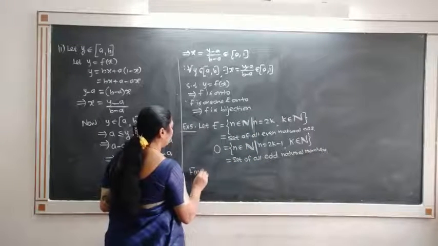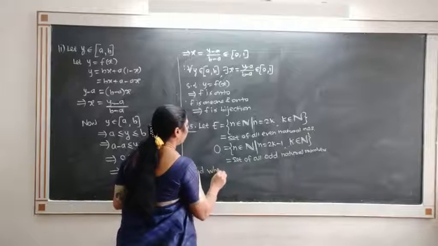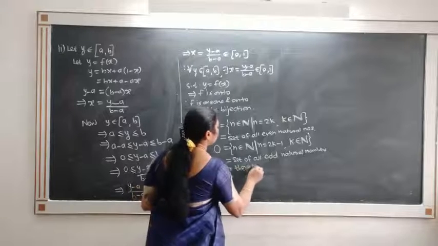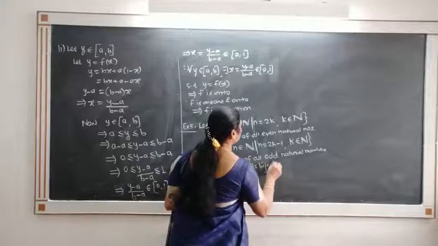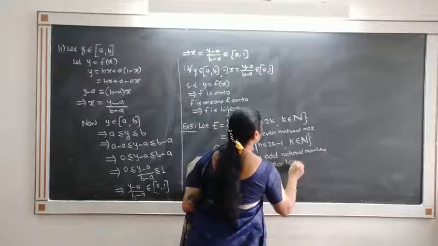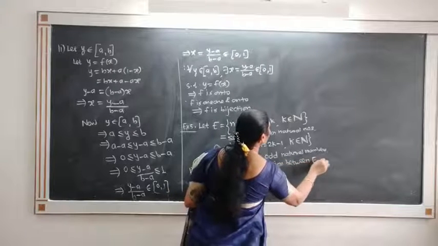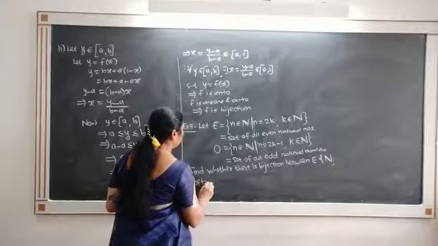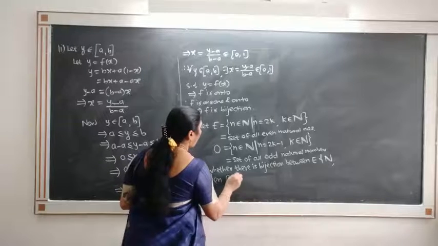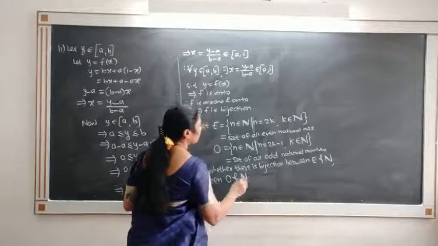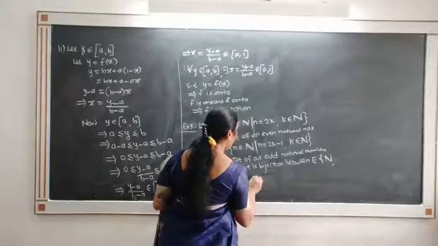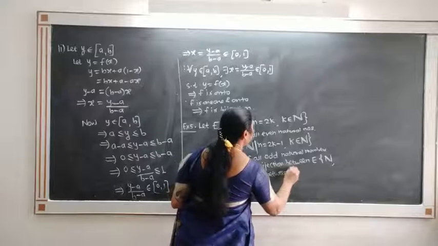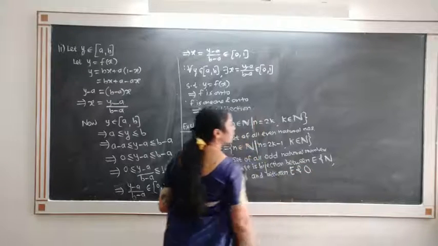We want to find whether there is a bijection between E and N, that is the set of natural numbers, between O and N, that is the odd naturals and the natural numbers, and between E, that is even, and O, that is odd.